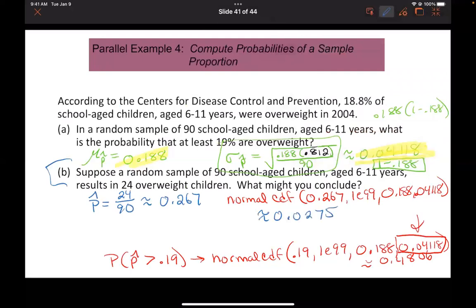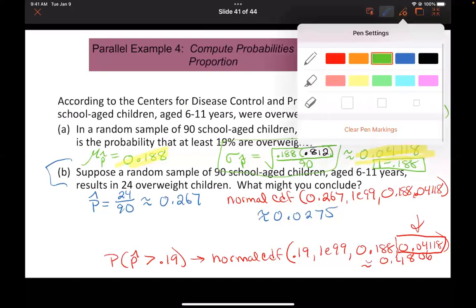Go ahead and see if you get the same thing that I got there. Pretty much in all of the equations moving forward, there are two steps: finding the information that needs to go into the normal CDF, and then completing the normal CDF function. Definitely for this unit, chapter 8, you're going to have to find the new standard deviation on pretty much all of them.